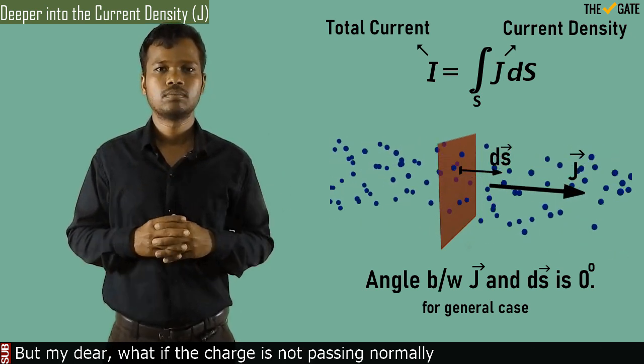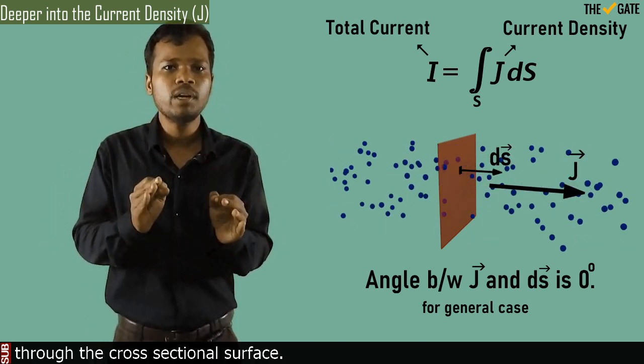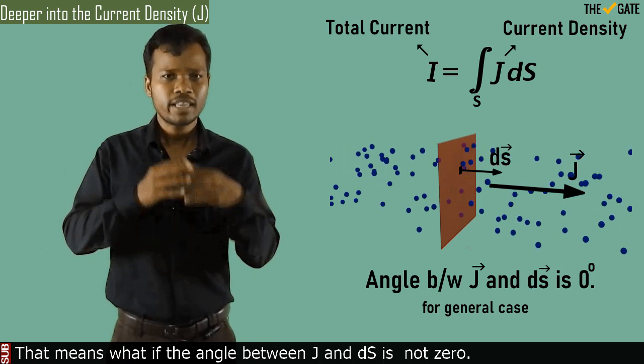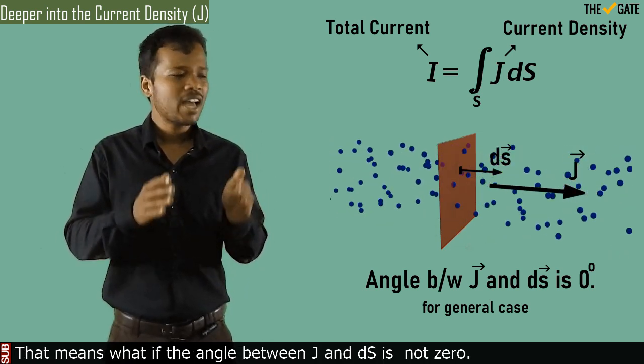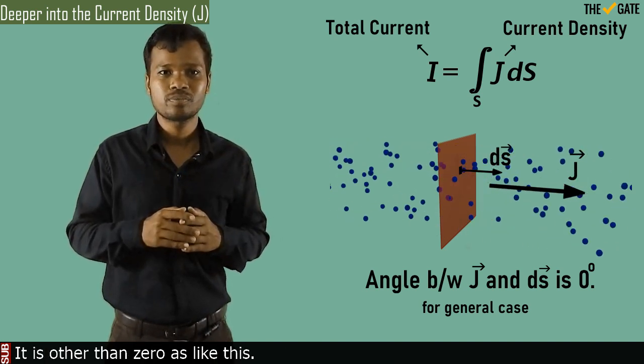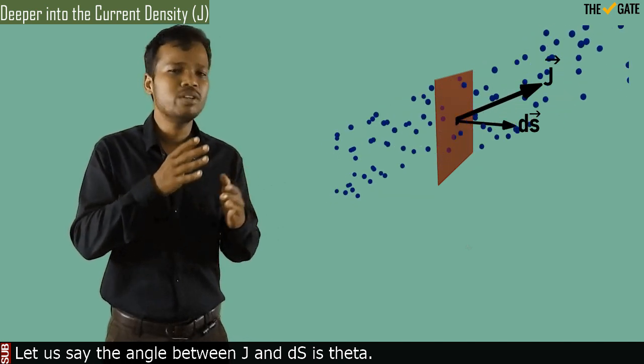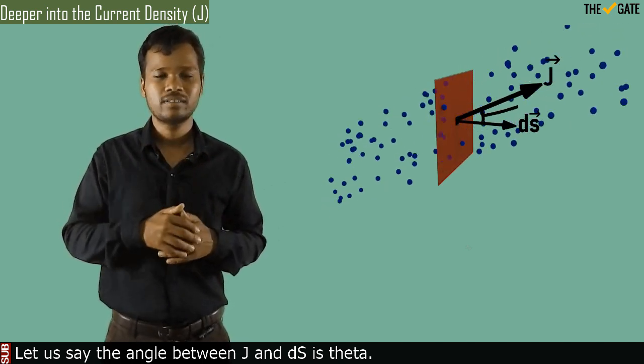But my dear, what if the charge is not passing normally through the cross-sectional surface? That means, what if the angle between J and ds is not 0? It is other than 0, like this. Let us say the angle between J and ds is theta.